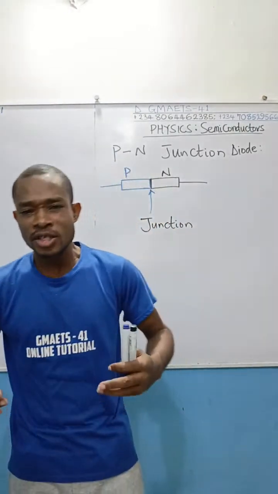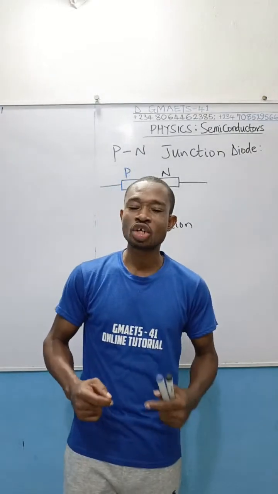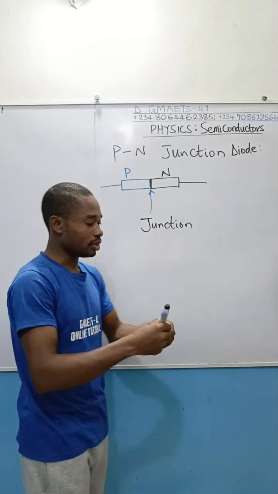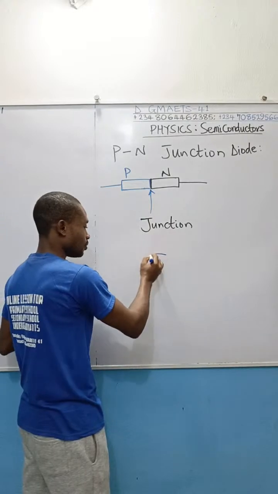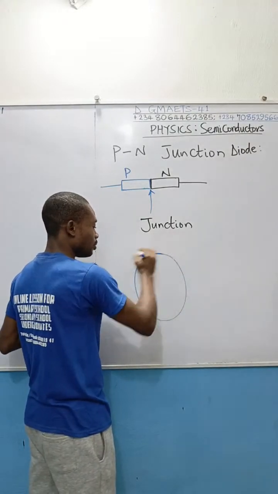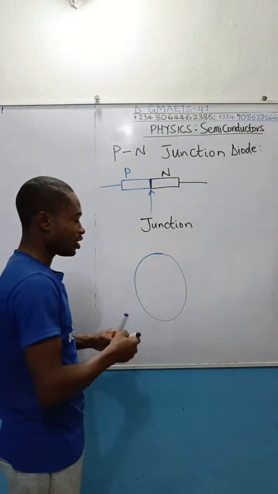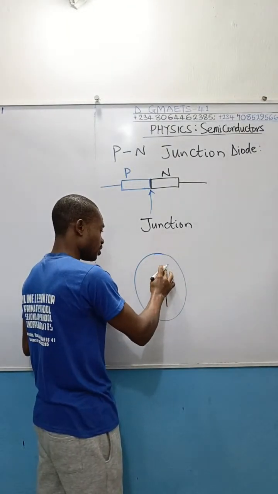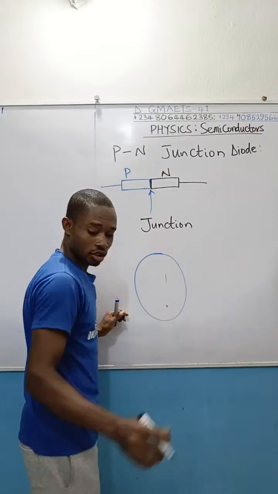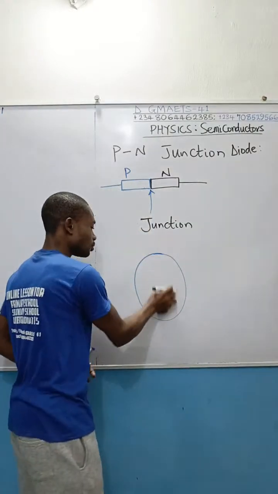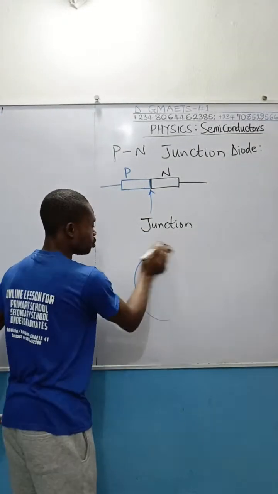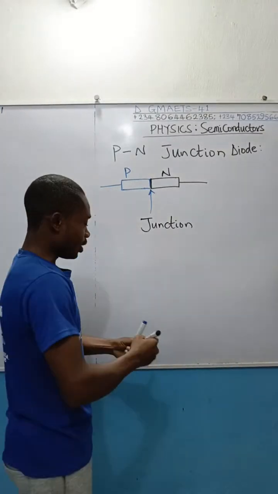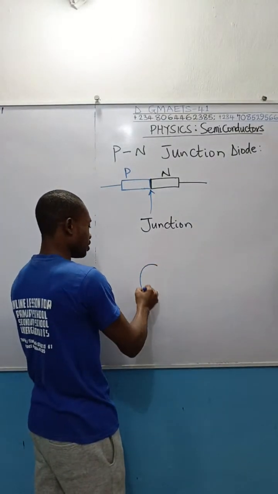What is the symbol of this P-N junction? Now, the symbol is this. Let me draw it very big for you to see. Something like this. If you think this is too big, I think I can reduce it.